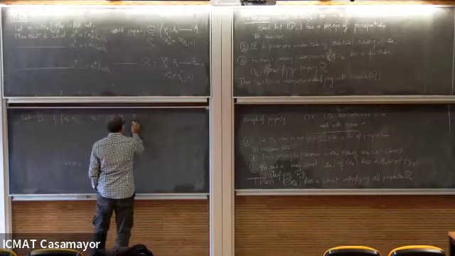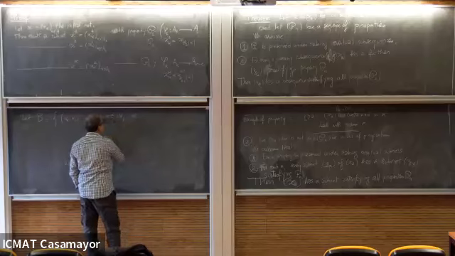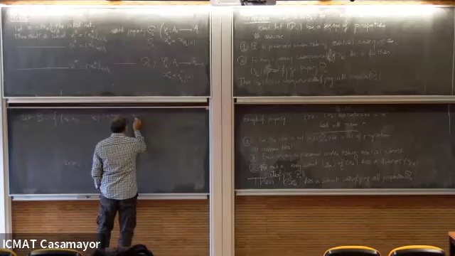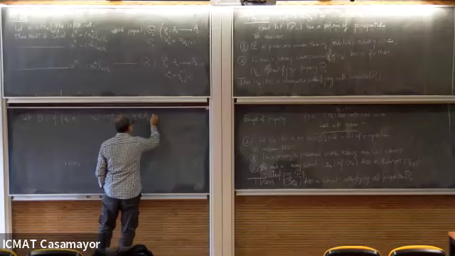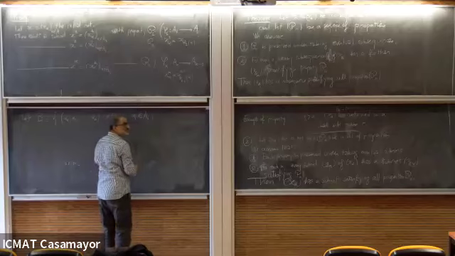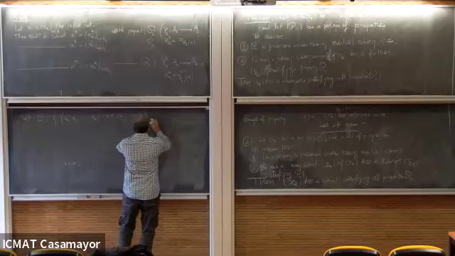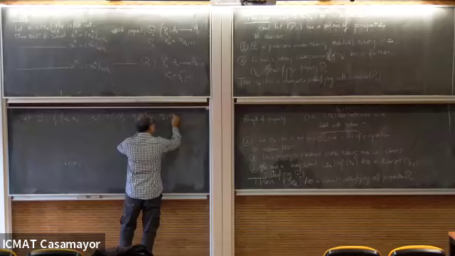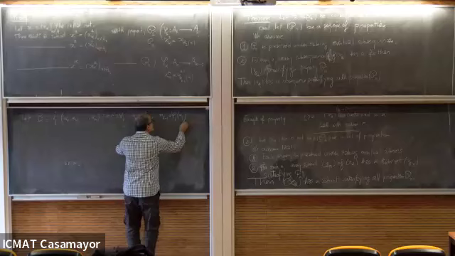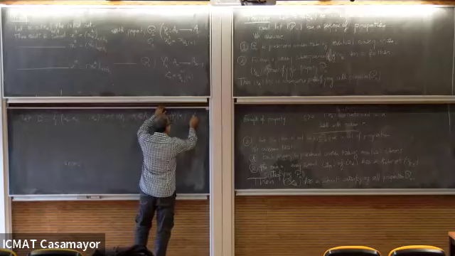And we assume that alpha i belongs to Ai for every i, and alpha i minus 1 is phi i of alpha i for i between 1 and n.